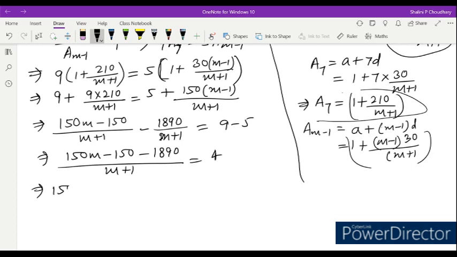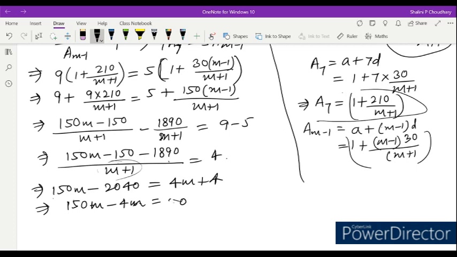So we can write 150m minus 150 minus 1890 will be equal to 2040, okay, and that will be equal to 4m plus 4, because the denominator we can put on this side. So now we'll bring m to one side, so 150m minus 4m, and on this side it will be 2040 plus 4.